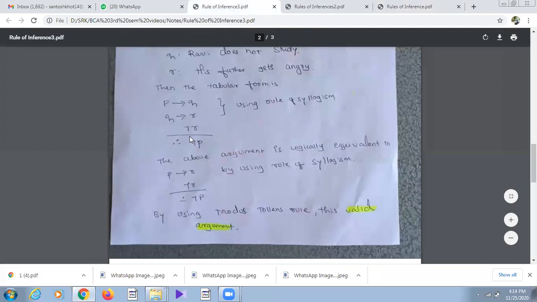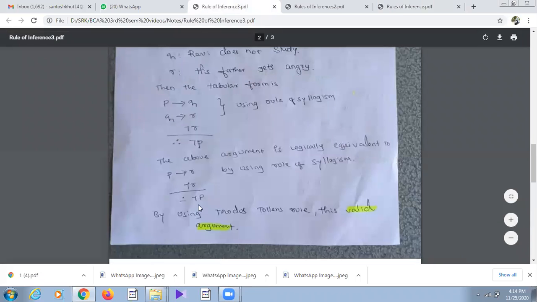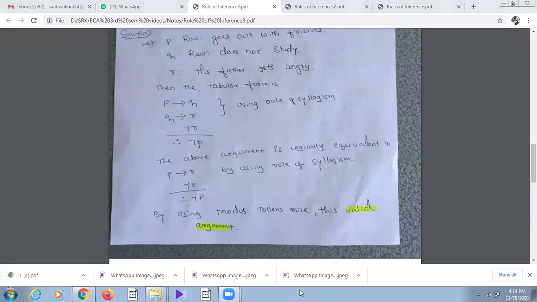So this is similar to the modus tollens rule. This tabular form matches the modus tollens rule. So that's why this particular argument is a valid argument. Okay.